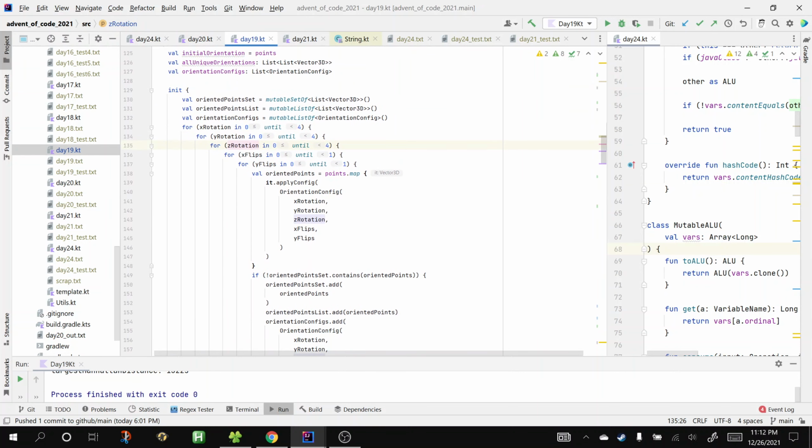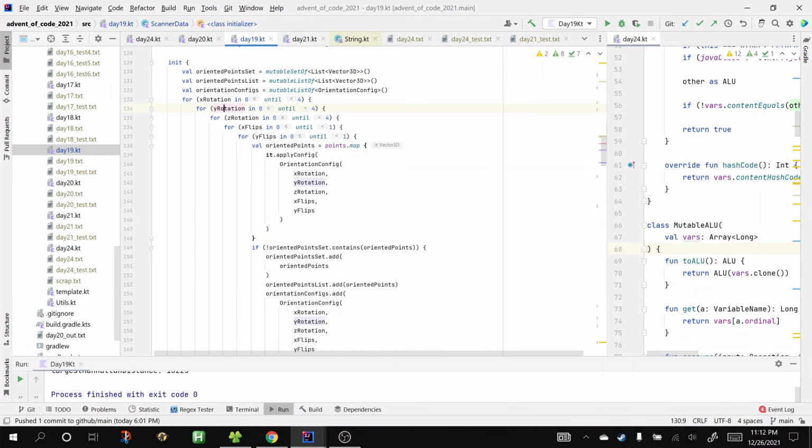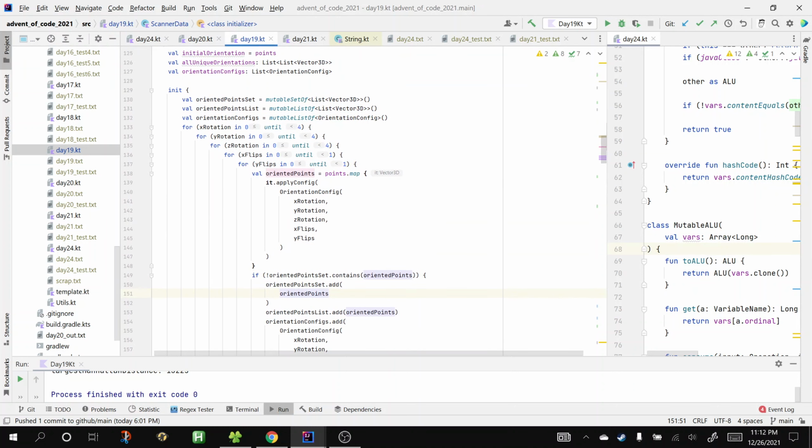Okay, so this was pretty straightforward to do. I just decided to do it the very janky way. I went through all the possible X, Y, Z rotations, X flips, and Y flips that we can do.